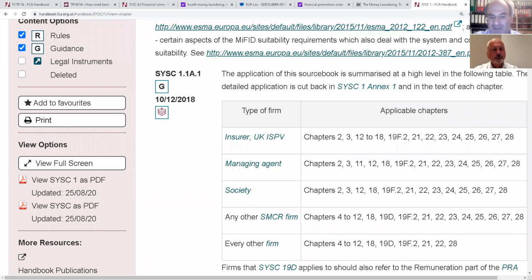The way it works is that the first 3 items are essentially insurers or their managing agents at Lloyd's, or indeed the Lloyd's market itself. And you'll notice that they have to apply SYSC 2 and 3, whereas everybody else gets 4 to 12. Now, as far as we're concerned, the 2 sets of provisions are more or less identical.